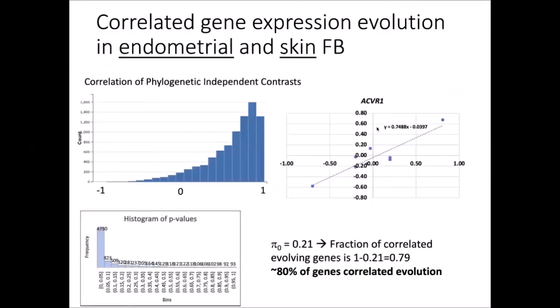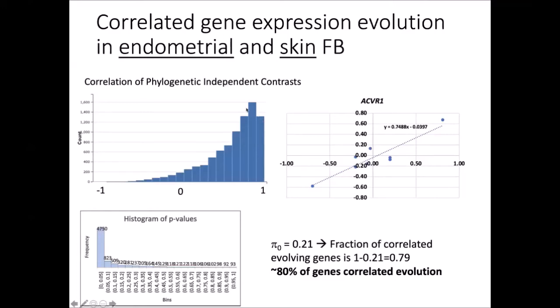So one result from this data is, if we compare evolutionary changes in gene expression in the endometrial fibroblasts and independently in the skin fibroblasts and see whether they change in concert, we find actually a quite high correlation. And we, of course, do this with phylogenetic independent contrasts to avoid phylogenetic artifacts here.